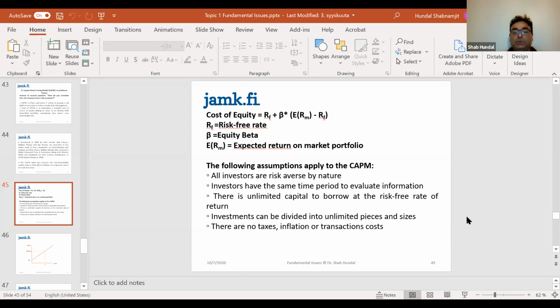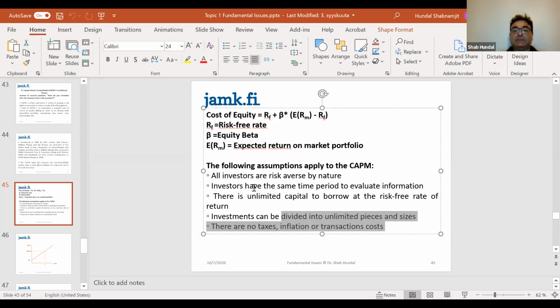Okay, so these are some of the assumptions made to simplify the model. In fact, when I say that the model has been refined over time, it means that researchers have come to know that most of these assumptions are actually unrealistic. So to make the model more real, they need to modify their assumptions.